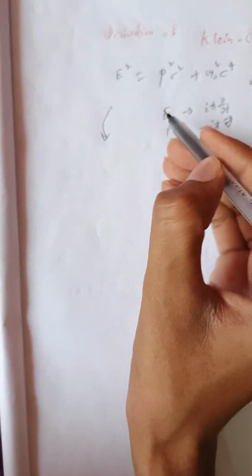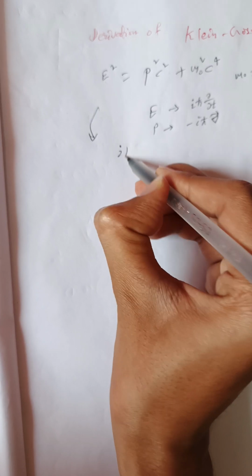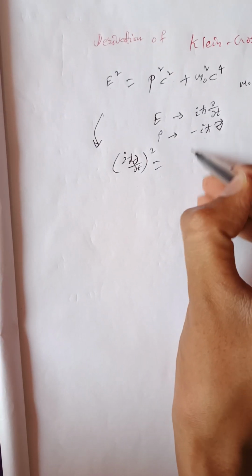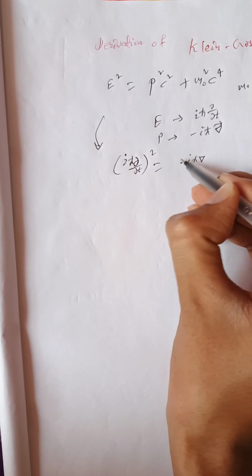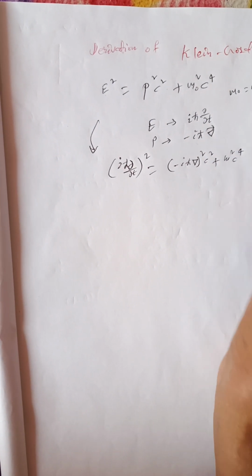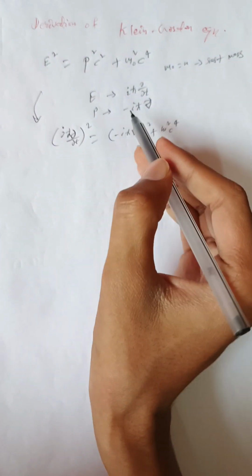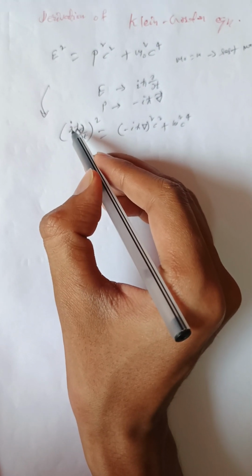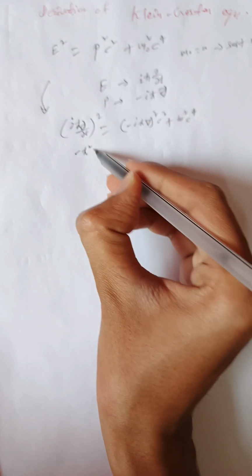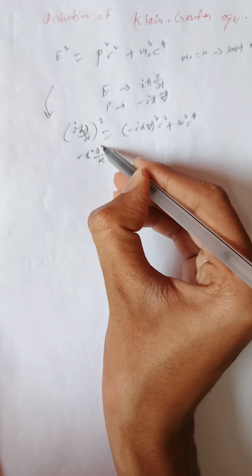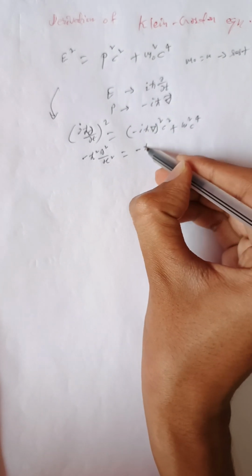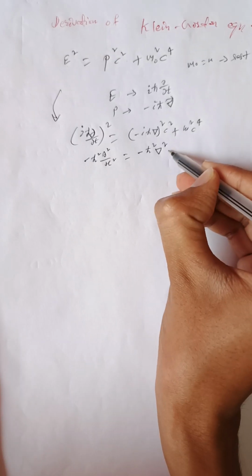So I will insert these two operators in place of energy and momentum. From this equation we will have (i h bar del upon del t) whole squared equals (minus i h bar del) squared c squared plus m squared c to the fourth. Now if you square it, the square of i is minus 1, so it will be minus h bar squared del squared by del t squared, and similarly here it will be minus h bar squared del squared.